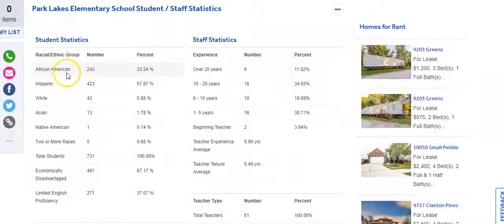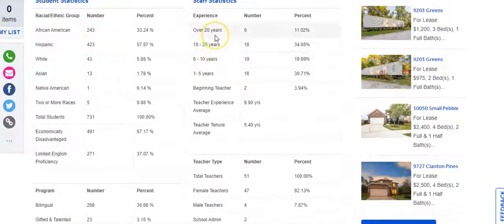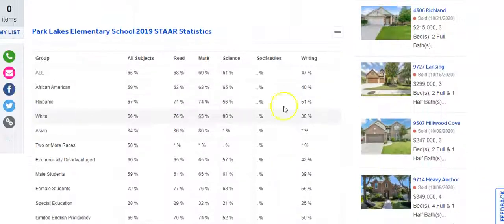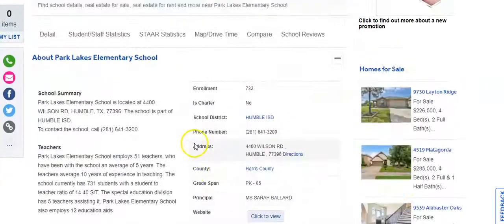You can look to see what the population of the students are in terms of demographics. You can look to see what the teacher experience is. How many teachers do they have over 20 years of experience? So it gives you a good breakdown of what the teachers and the students look like. You can tell if the school is bilingual, if they have gifted and talented, the special education department, just a bunch of data here that you can review.